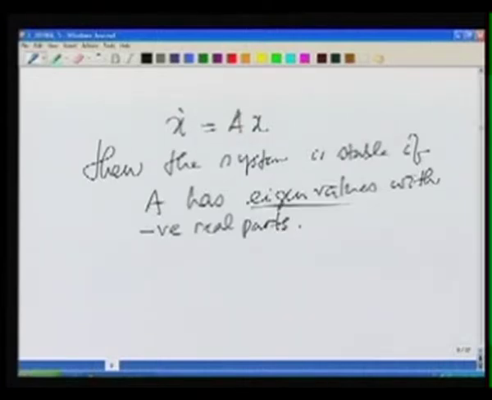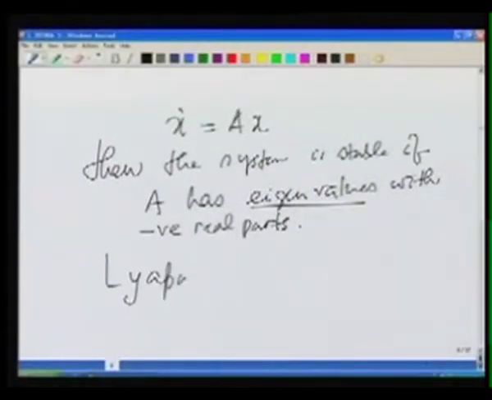All eigenvalues should have negative real part. So, that is a well known theory, but we say now that even Lyapunov stability theory, the direct method of Lyapunov stability, can be used for linear system.